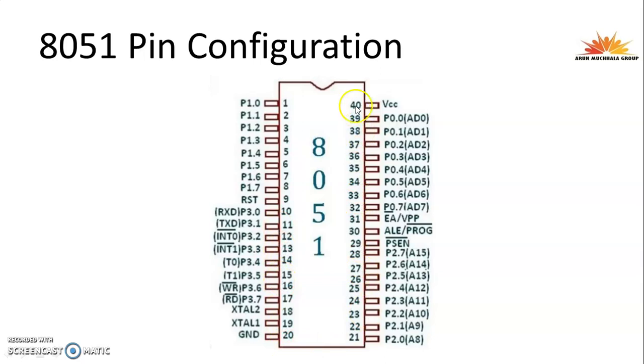Out of these 40 pins, 2 pins are used for power supply, that is VCC and ground. 2 pins are used to connect the external crystal oscillator. 1 pin is for reset, and these 3 pins are for external memory access, and the remaining 32 pins are for general purpose bidirectional I/O parallel ports: port 0, port 1, port 2 and port 3.